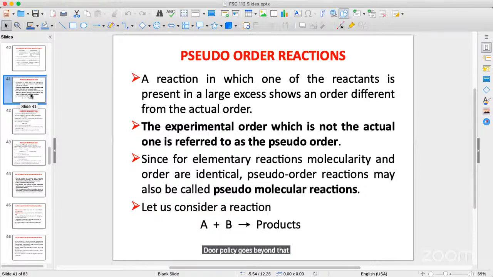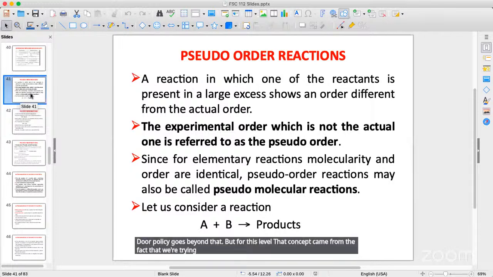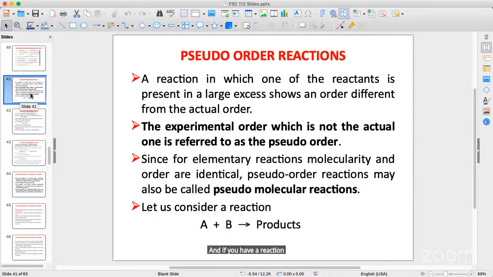But for this level, that concept came from trying to determine order of reaction. If you have a reaction with two reactants and you want to determine the order with respect to a particular reactant, one of the things you do is hold the concentration of the other one constant.